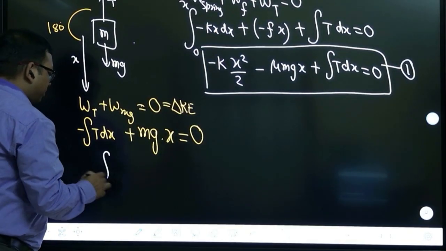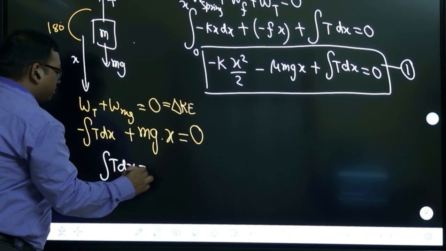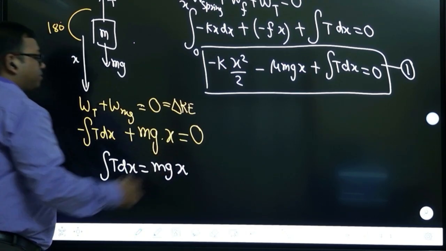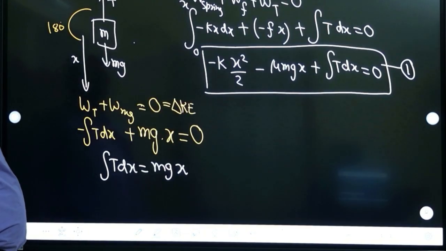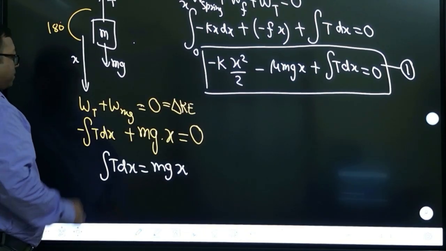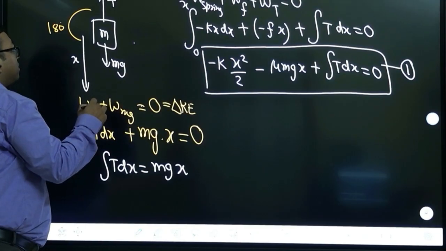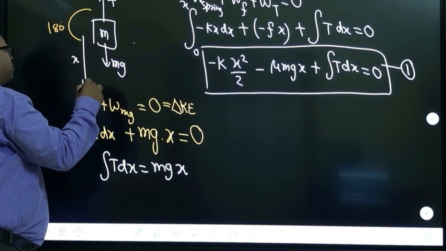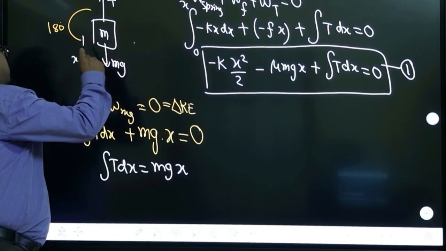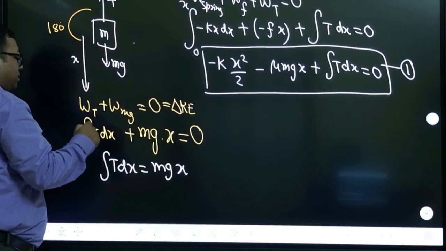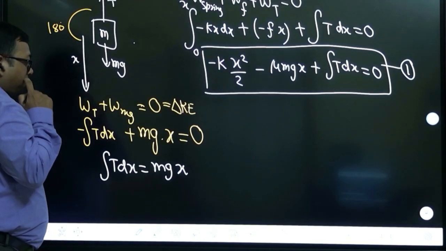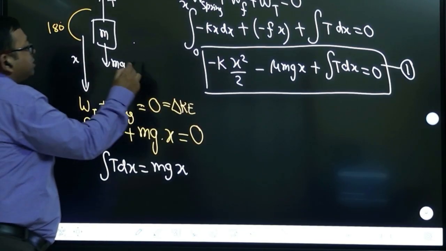From here we got integration T dx equal to minus, because tension is opposite now. Tension and displacement are opposite. Tension is upward, displacement is downward. So minus T dx. It's a dot product now. What is dot product?